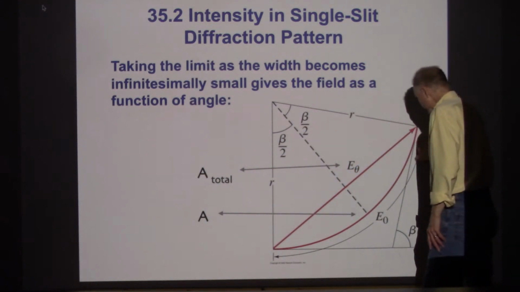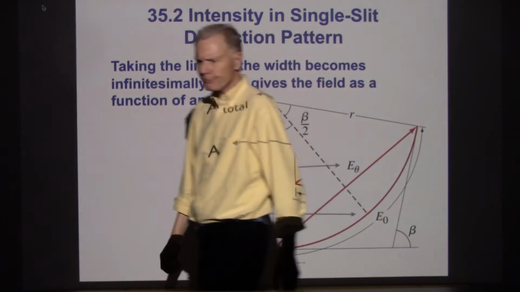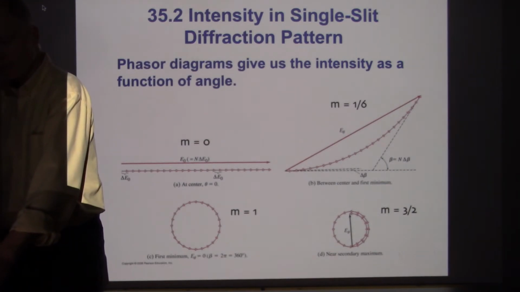So the E naught remains the same, but the E theta gets smaller and smaller. And that's what we've been seeing here, right? You can see where the E naughts are here.